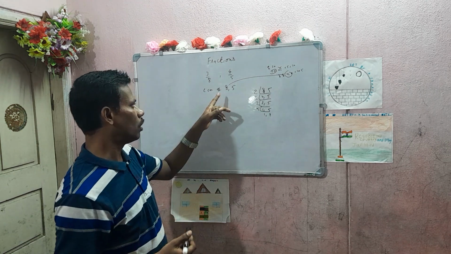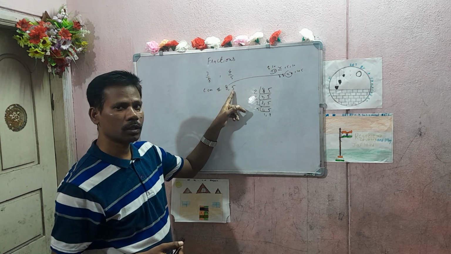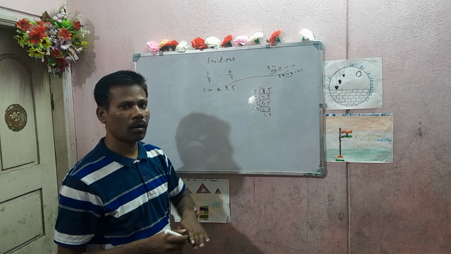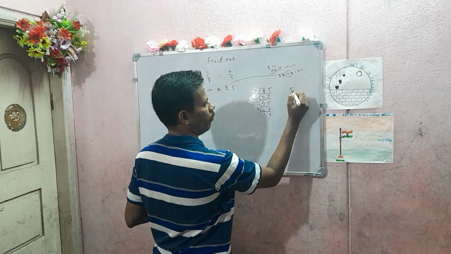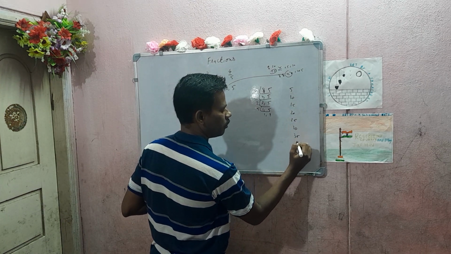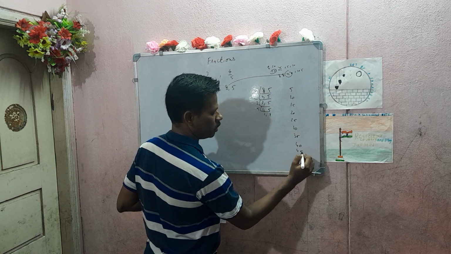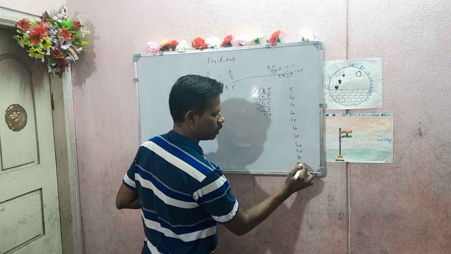When you want to do LCM of 8 and 5 in this method, first, of these two, which number is smaller? 5. So write down all the multiples of 5: 5, 10, 15, 20, 25, 30, 35, 40, 45, 50, 55, like that.